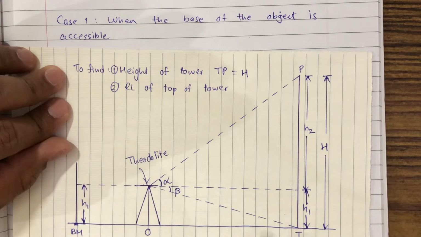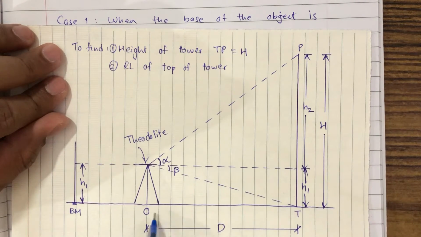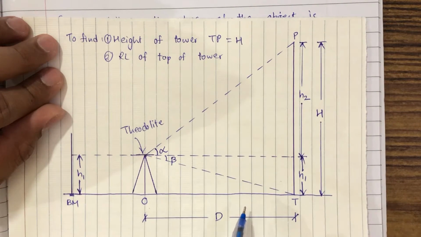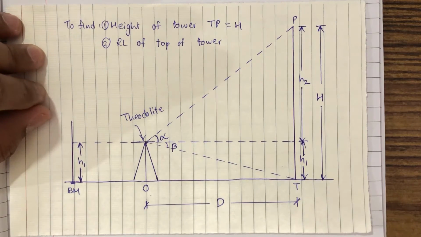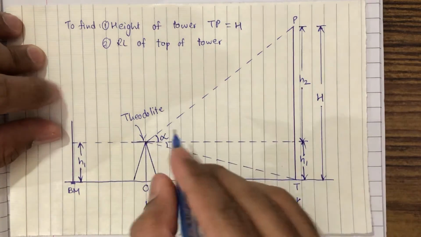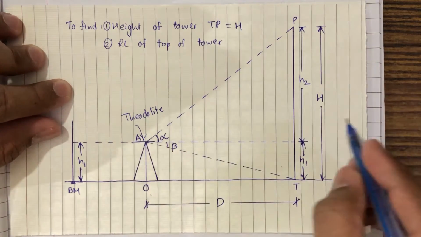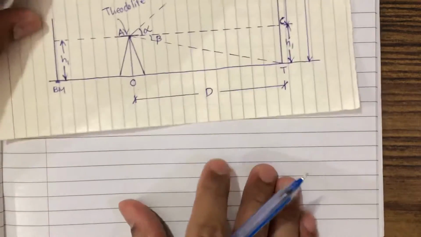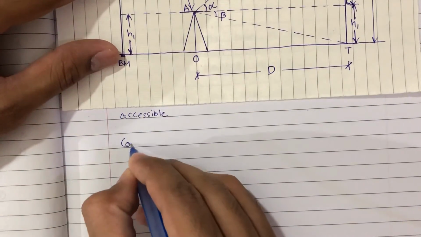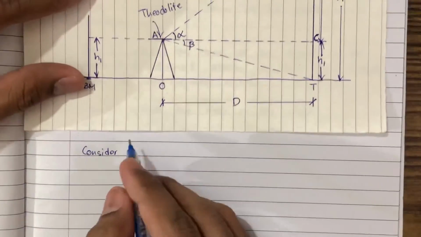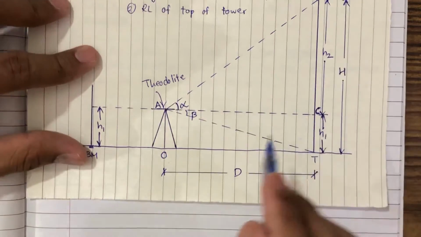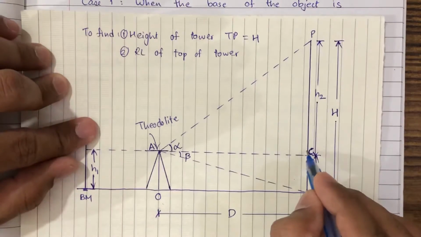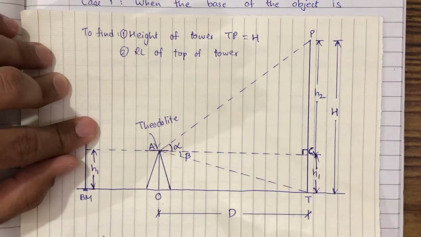It means that this is a level ground, and here you can easily measure this distance D. Now, suppose this triangle is A, P, and this point is C. If we consider this triangle APC, it is actually a right angle triangle.